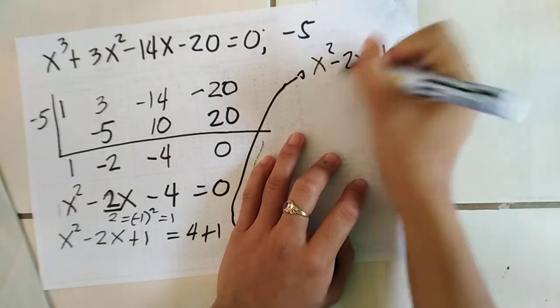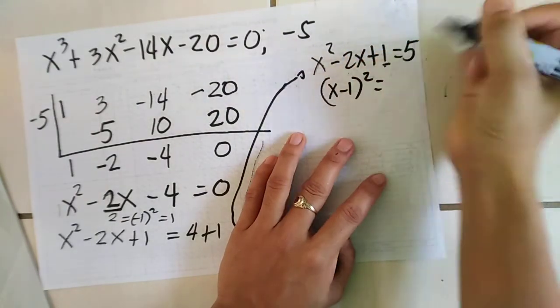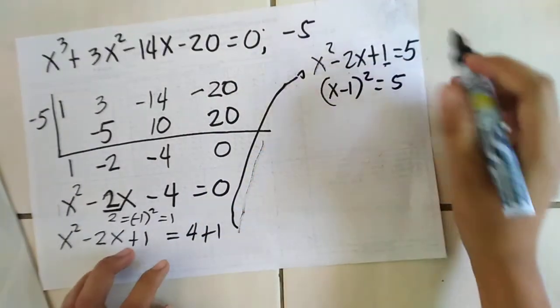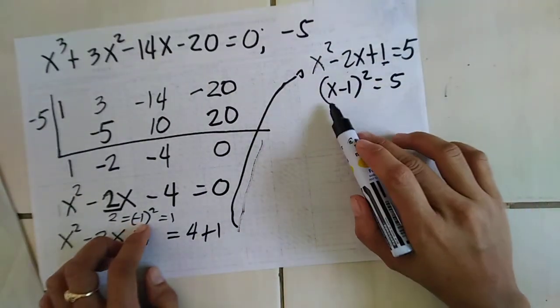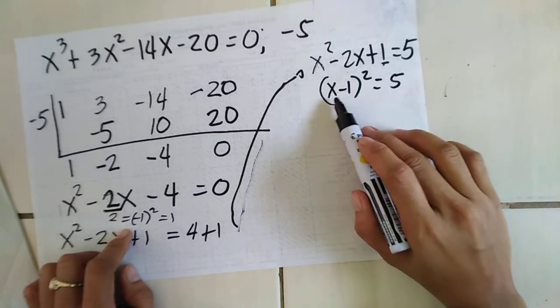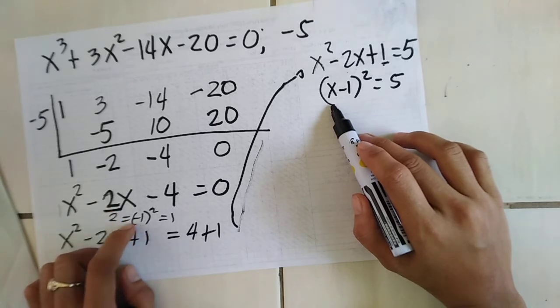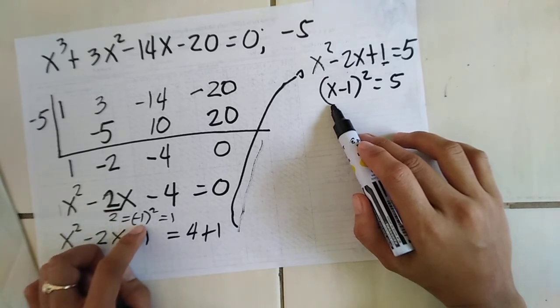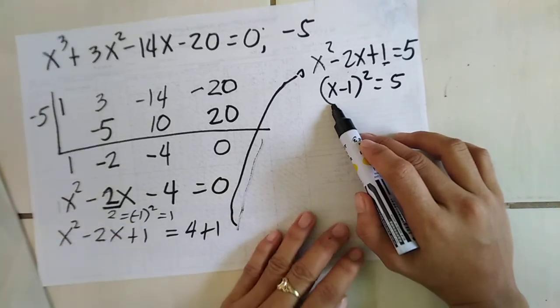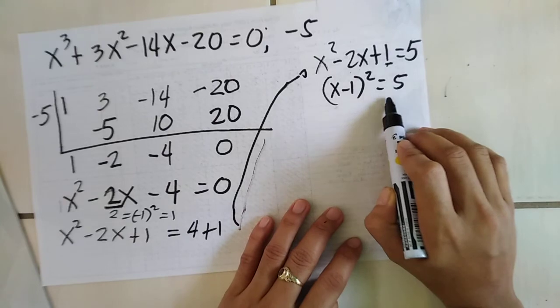So we have x minus 1 squared equals 5. The factor is x, then the number copied is the quotient from dividing by 2.